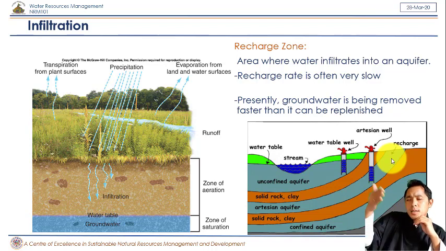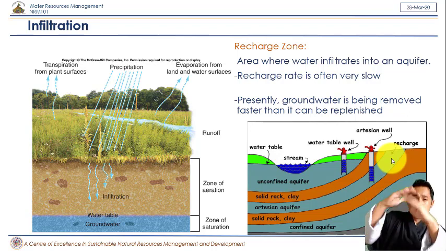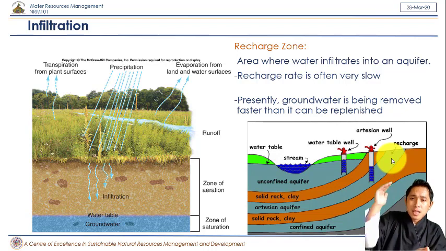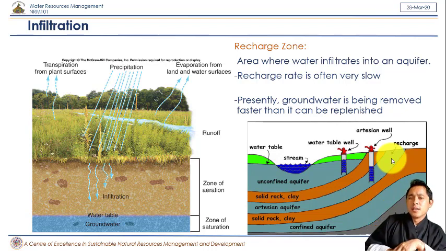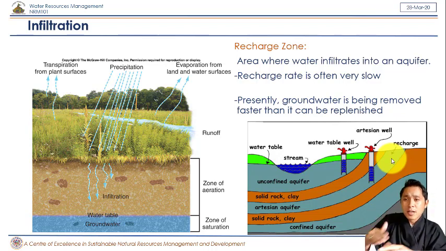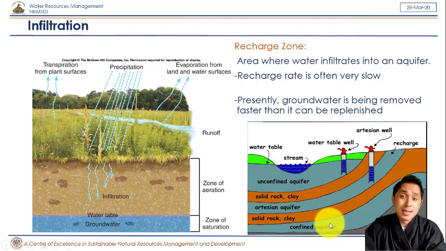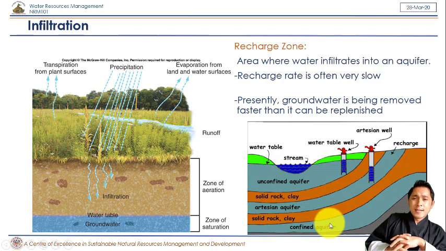So most of the time the movement of water is from the soil surface, the water table, the confining beds and the confined aquifer. That's a very long process and takes hundreds of years. And if the confined aquifers are beneath the last confining beds, then it's going to take millions of years to get recharged.